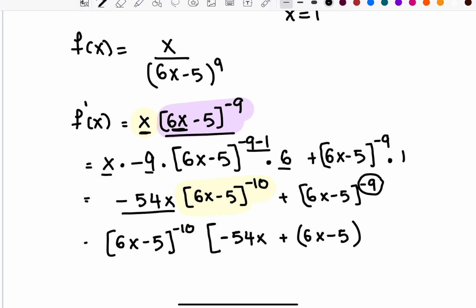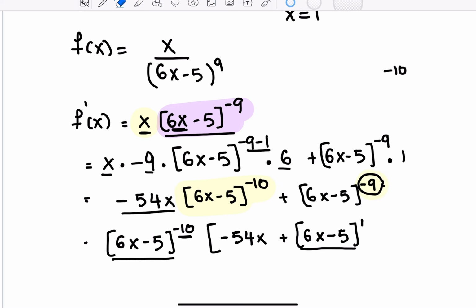Let me show you. 6x minus 5 to the power 1. Negative 10 plus 1 is negative 9. So you always bring out the smallest power and make sure you compensate with the positive. Because when you multiply the bases, you add the powers. So this is 6x minus 5 to the power 1. When I multiply 6x minus 5 to the power negative 10 and 6x minus 5 to the power 1, I get negative 10 plus 1, which gives me negative 9.